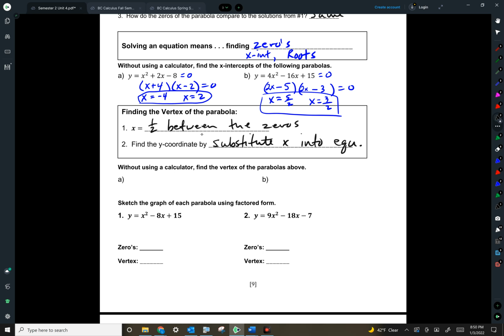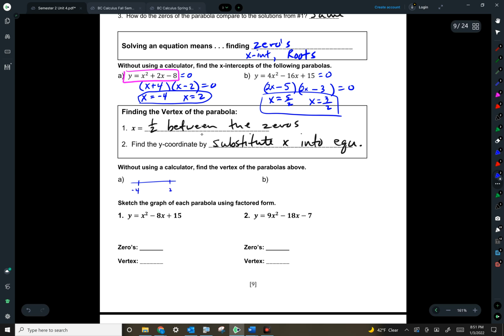Okay, so let's put it all together. Remember on letter A above, here's the equation that we are looking at: y equals x squared plus 2x minus 8. We already said the zeros are at -4 and 2.